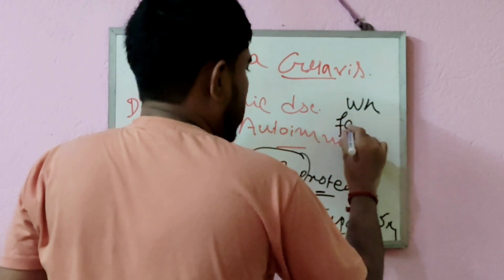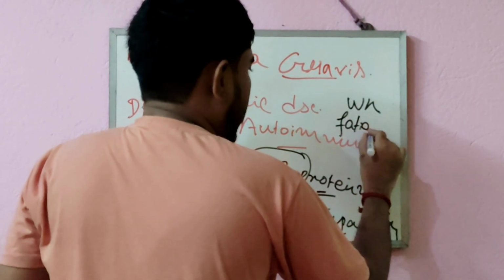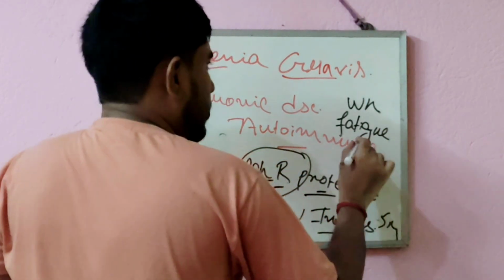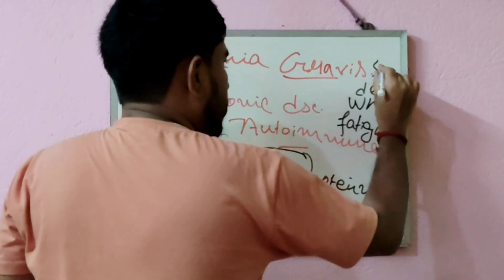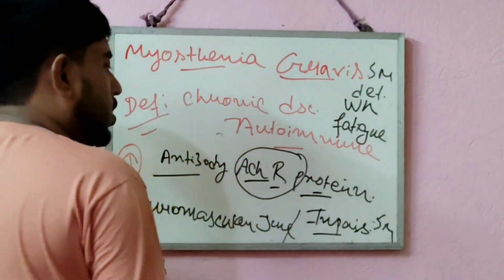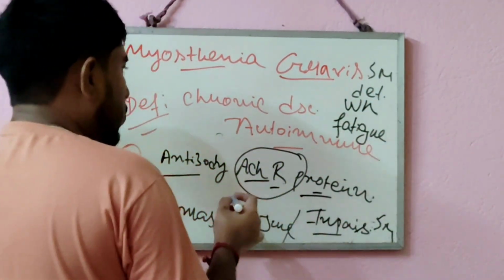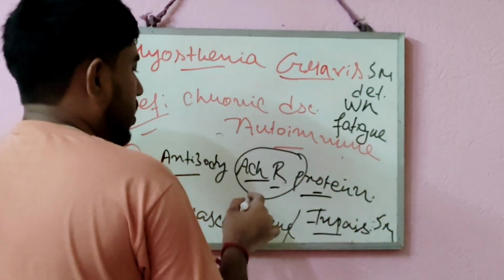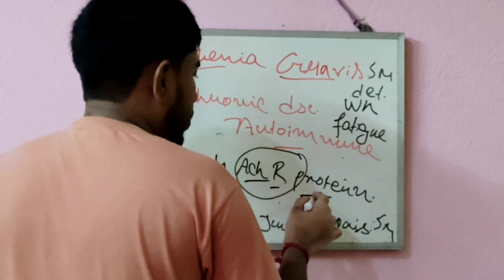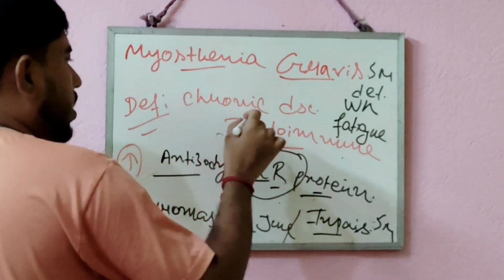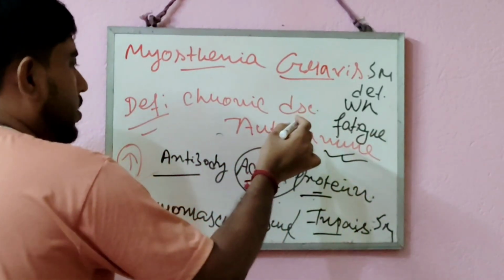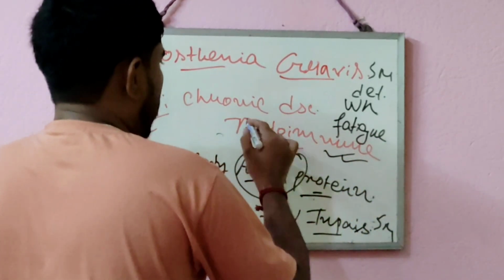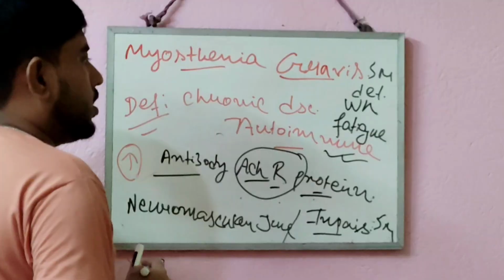It leads to muscle fatigue, and sometimes to deterioration of the muscle. That deterioration of muscle, due to autoimmunity against acetylcholine receptor protein in our body, is a chronic autoimmune disease, that is myasthenia gravis.